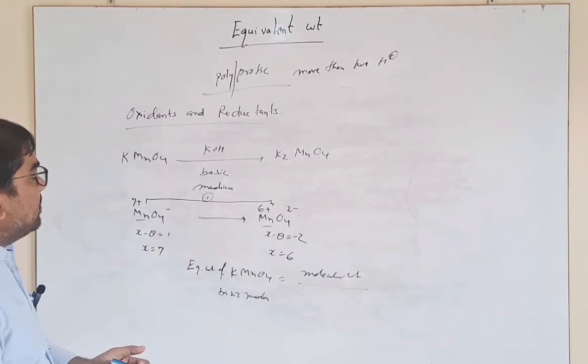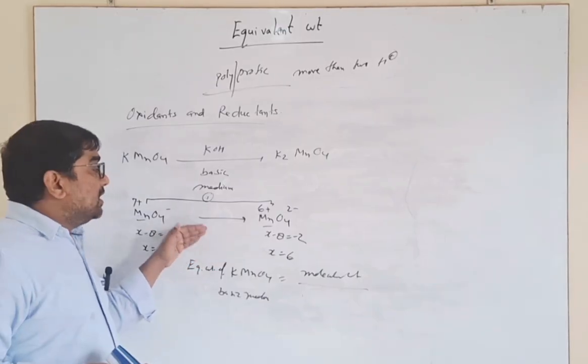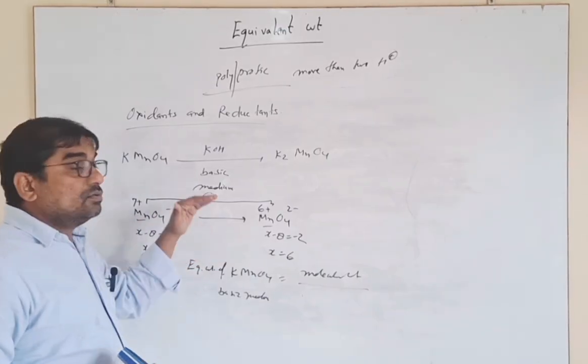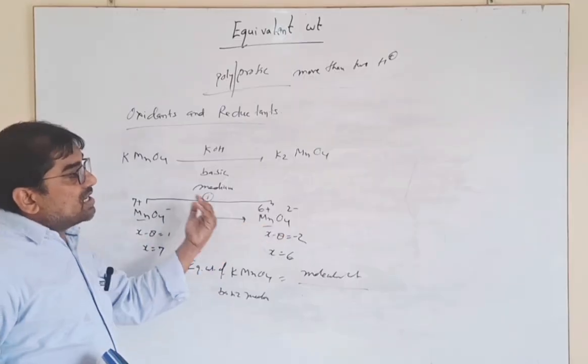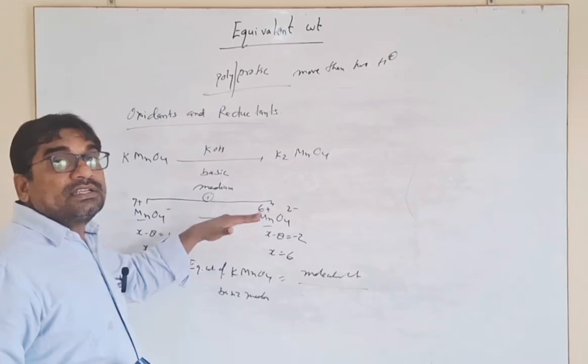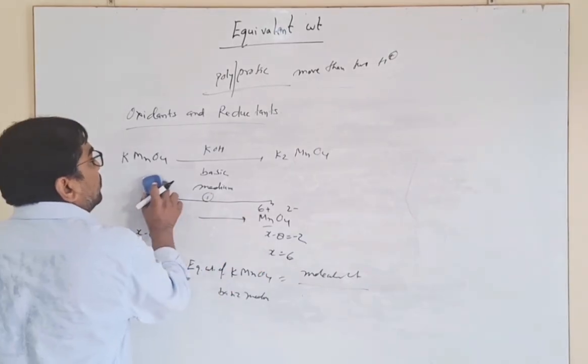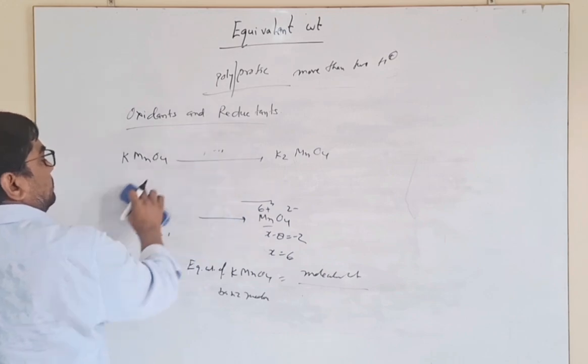While in the previous example of KMnO4, when the condition was acidic, KMnO4 converts into Mn2 plus due to transfer of 5 electrons per molecule. The molecular weight was divided by 5 to find the equivalent weight of potassium permanganate.